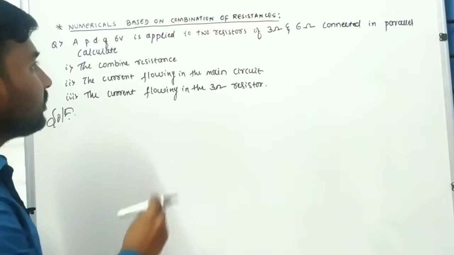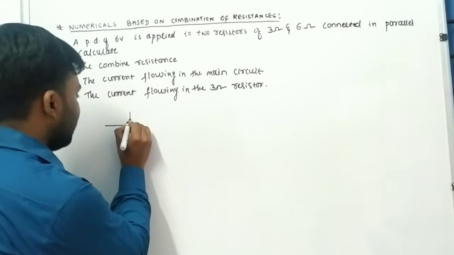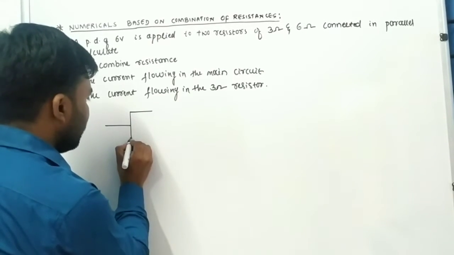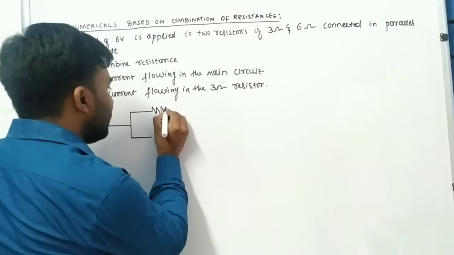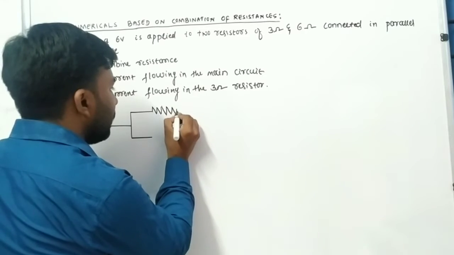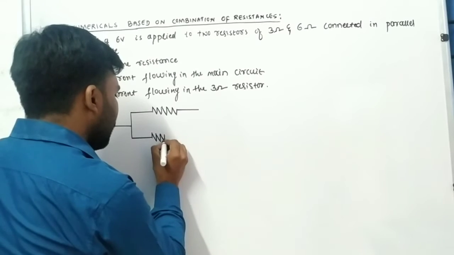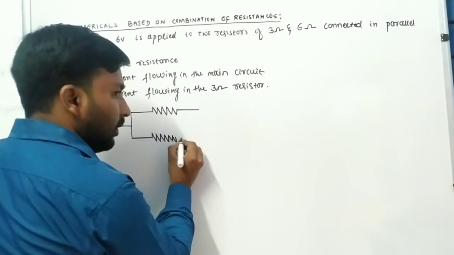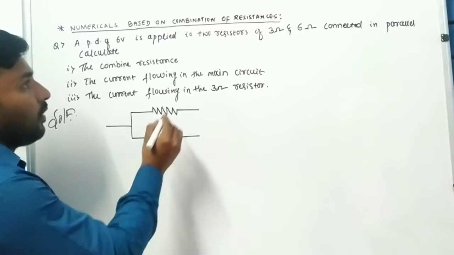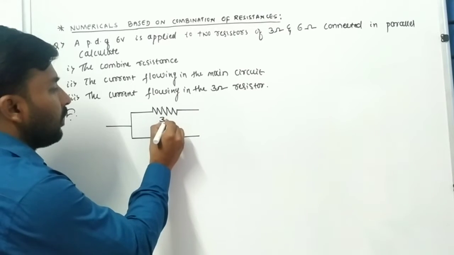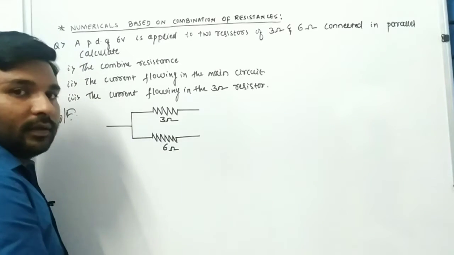So here two resistors are in parallel. We have 3 ohm and 6 ohm.